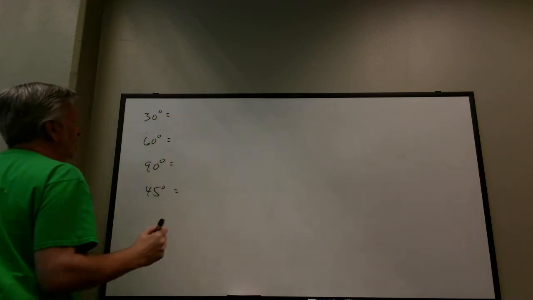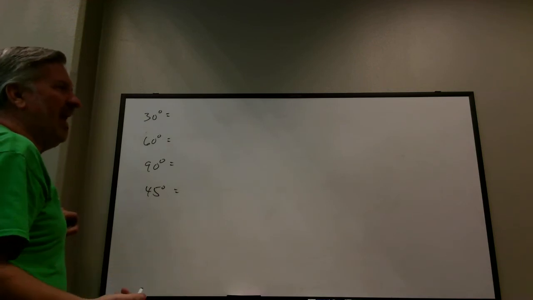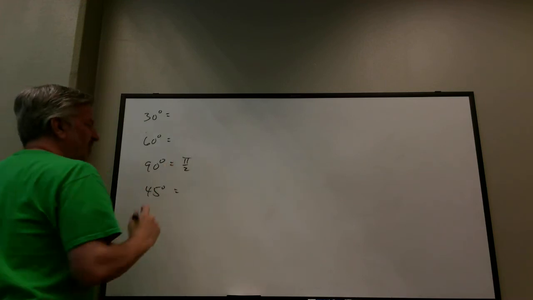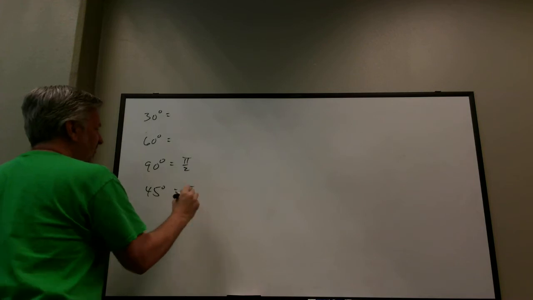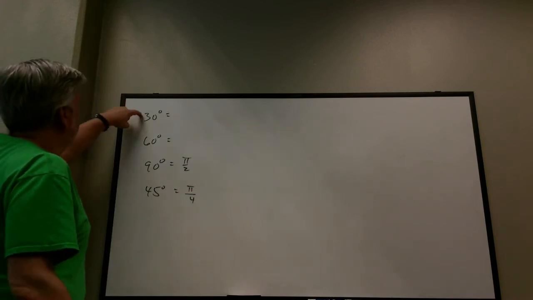So if you do the conversion to radians on these, think about it. 180 degrees was pi radians. 90 is half of 180, so that's pi over 2. 45 is half of 90, which is pi over 4. That's easy to think of. If you do the unit conversion, 30 degrees is pi over 6, and 60 degrees is pi over 3.